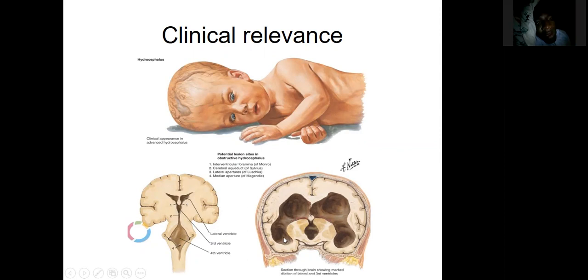When there's this obstruction, there is stagnation of cerebrospinal fluid above the obstruction, and then dilatation of the corresponding superior ventricles. So generally in kids, we have this disease called hydrocephalus, the increase in cerebrospinal fluid pressure in the brain with corresponding dilatation of the intracerebral ventricles.